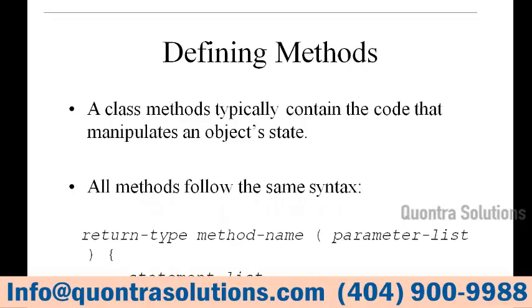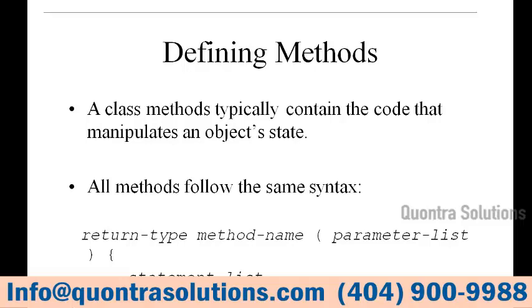Now again, a class method typically contains the code that manipulates an object state. For example, in the above example, for the book name, there is a variable called string name, and you are manipulating the value and setting it to Java. So you have methods that will do something with the variables of the class.